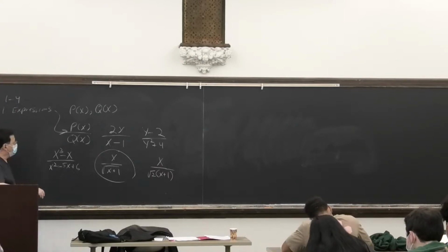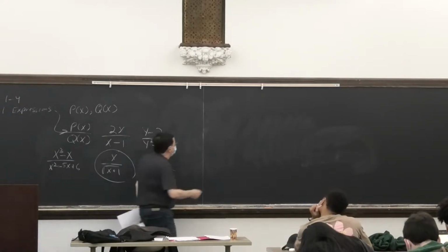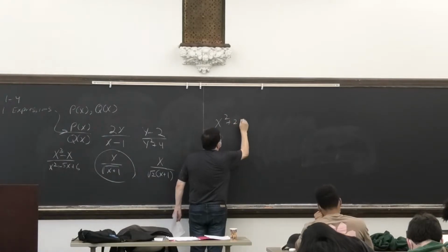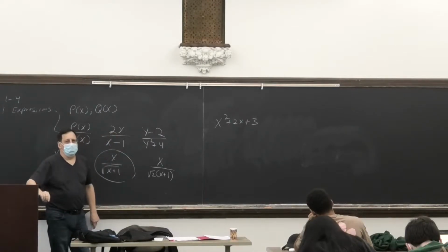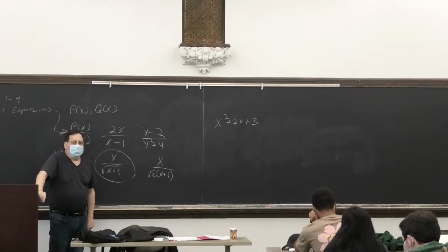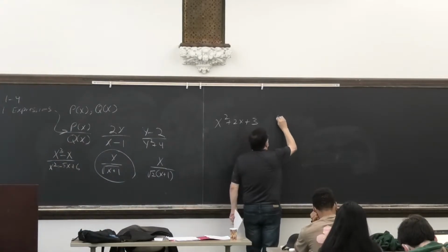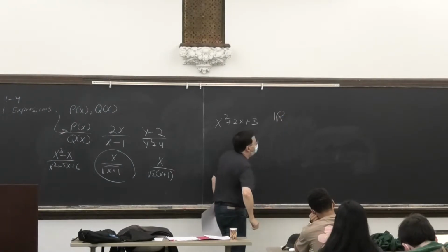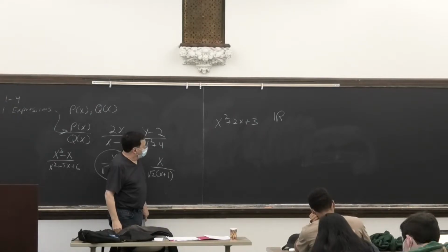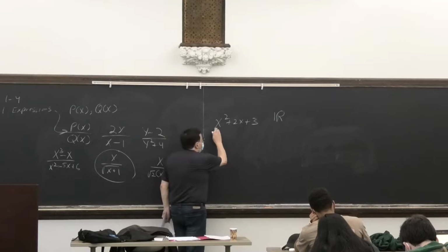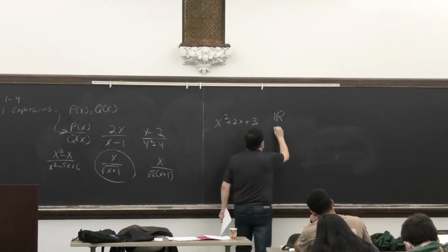Okay. So if I have some polynomial and I want to think about what values x can take, it turns out that polynomials can always take any real number. It's a fact of polynomials. The numbers we decide to put into an expression have a name, it's called the domain.